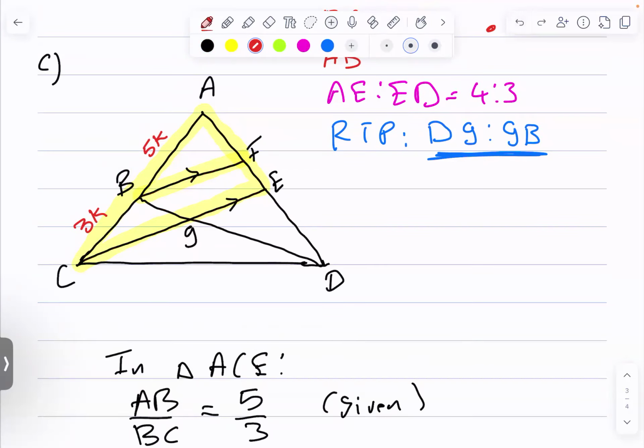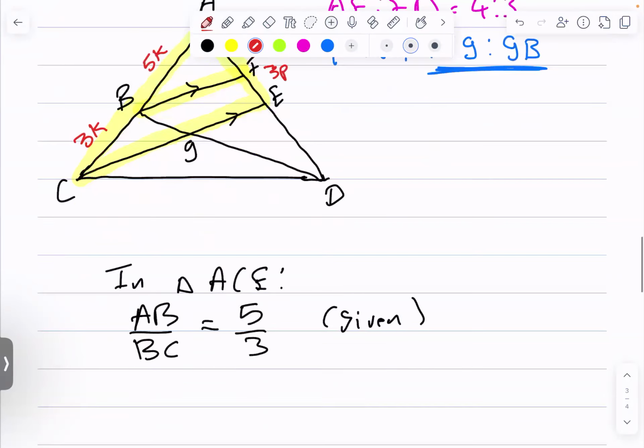So this AF, because it's a different side, remember this is a triangle on its own, I'm going to write as 5P, and FE as 3P. I represent with different letters because it's a different side, but the ratios are the same.